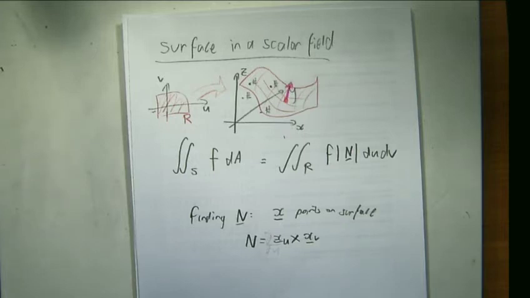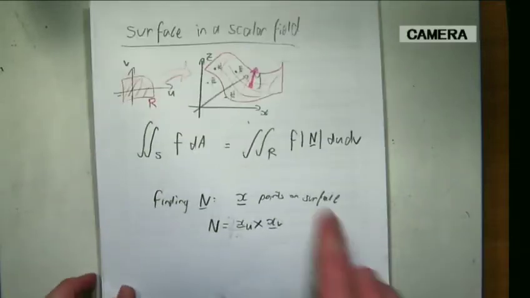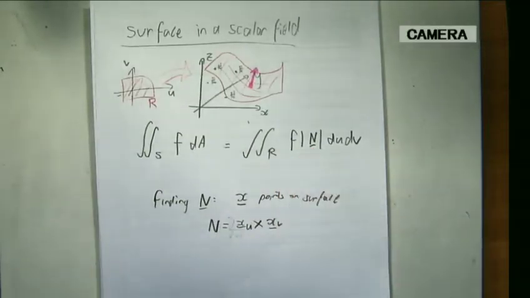Okay, so that's the rules of finding integrals across surfaces of scalar fields. What this is going to require us to do, you'll notice that f and the length of n are both numbers, and you can rewrite them all in terms of u and v.